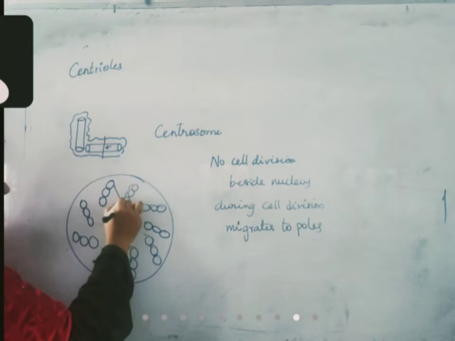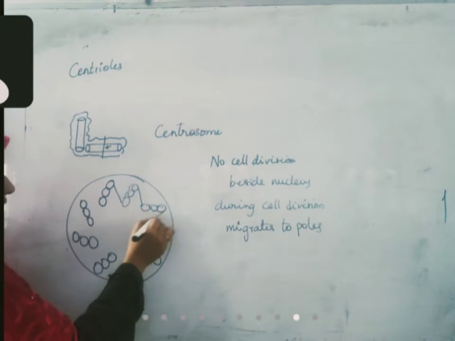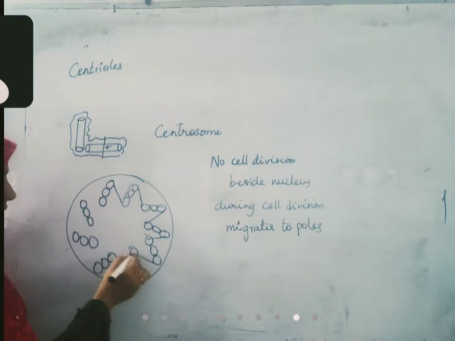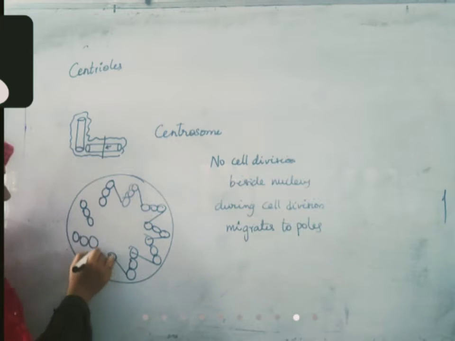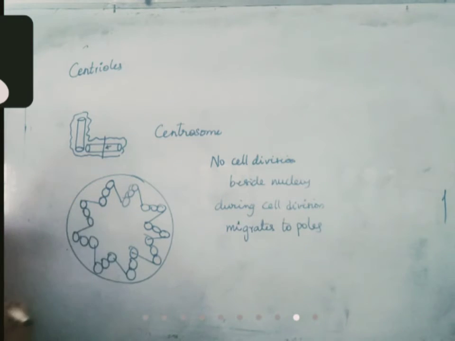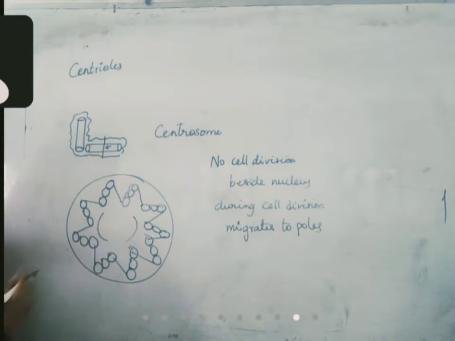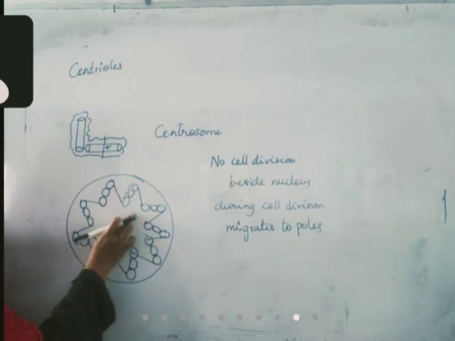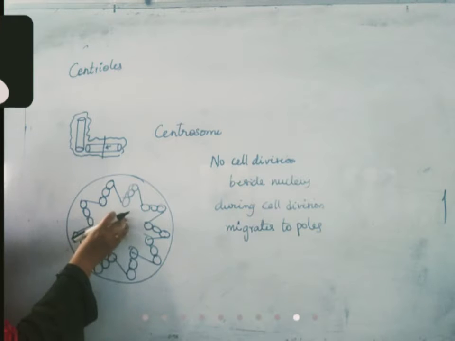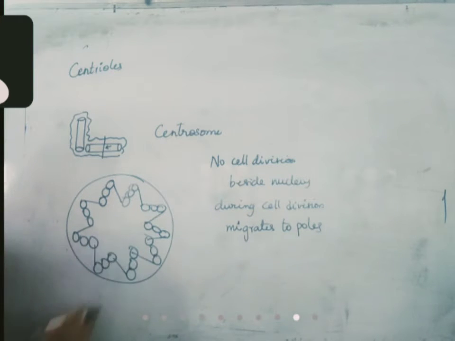And they are connected like this. The last one is connected to the first one. In the center, there is nothing. There is nothing means there is no microtubule. Okay, these filaments are present, but there are no filaments in the center.